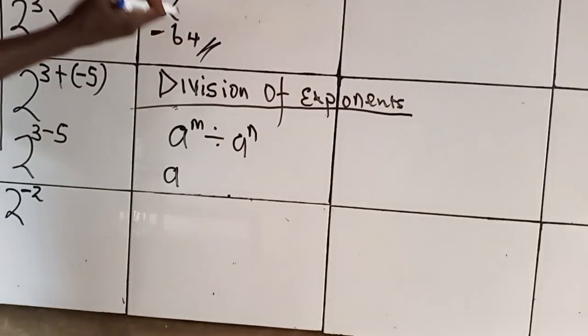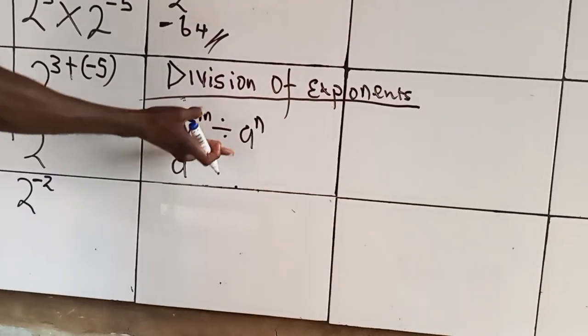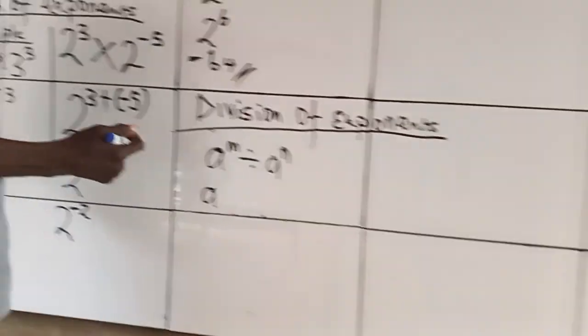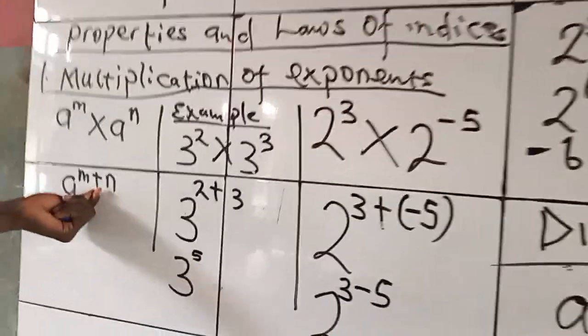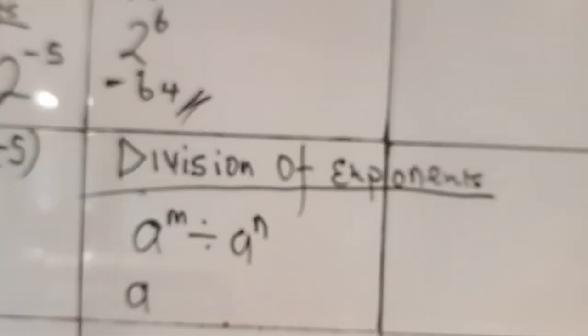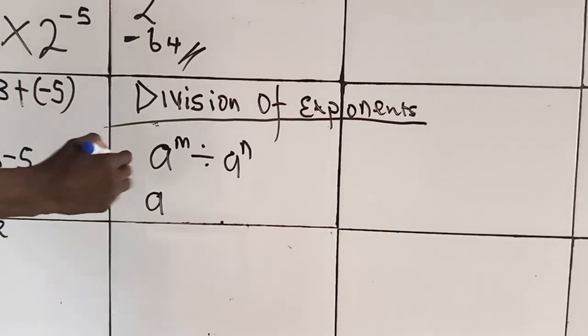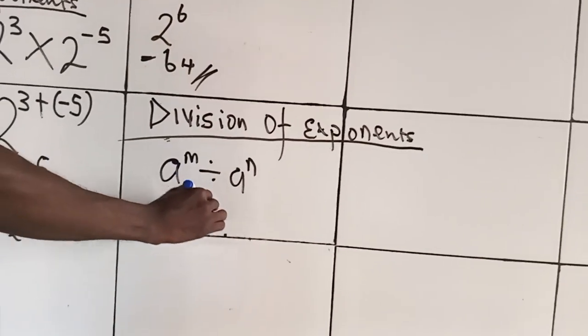You see that in the case of multiplication, we add the powers, but in the case of division, we subtract the powers.